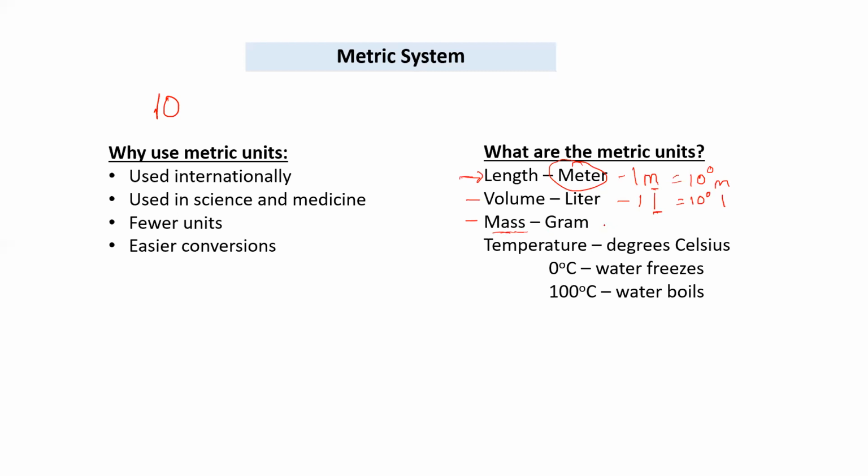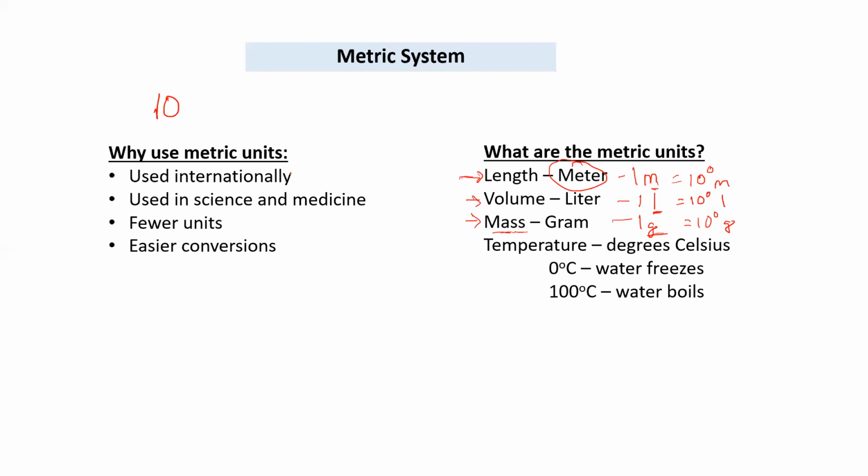So it is weight, but we call it weight on Earth because we have gravity pull. So this is 1 gram, and that's the base unit, g, gram, and that's 10 to the 0 gram. So you have to memorize these. The volume is liter, length is meter, and mass is gram.